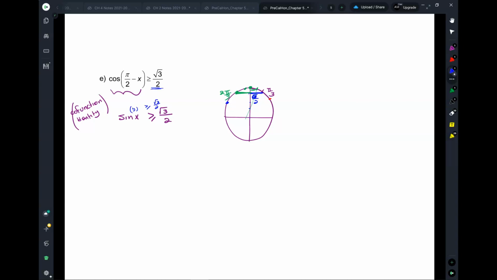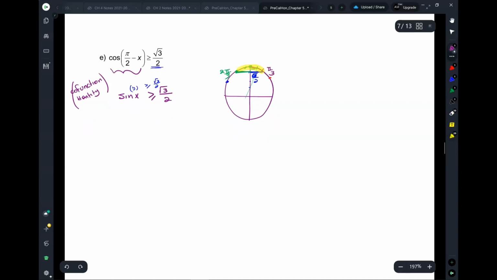Okay, so with that green line, it looks like I pretty much had it, right? So the interval over which y is greater than root 3 over 2 is that highlighted interval. How can we describe all the angles in that interval? In between pi over 3 and 2 pi over 3.